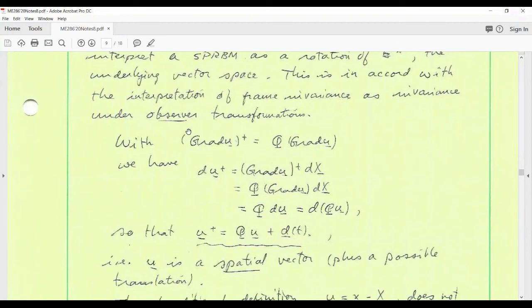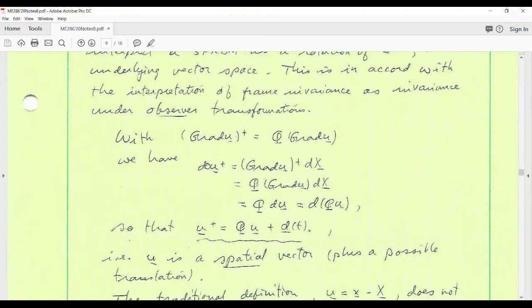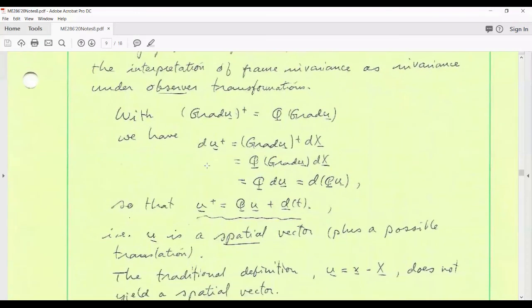Okay, so we've deduced along the road here that grad U plus is Q grad U. Let's see what this implies for U plus itself. Well, using the chain rule, dU plus would be grad U plus dx. X, the original X in the vector space E, has not changed, right?